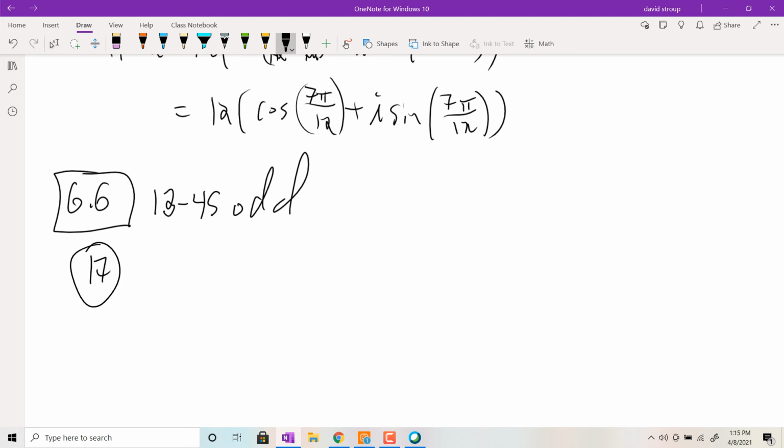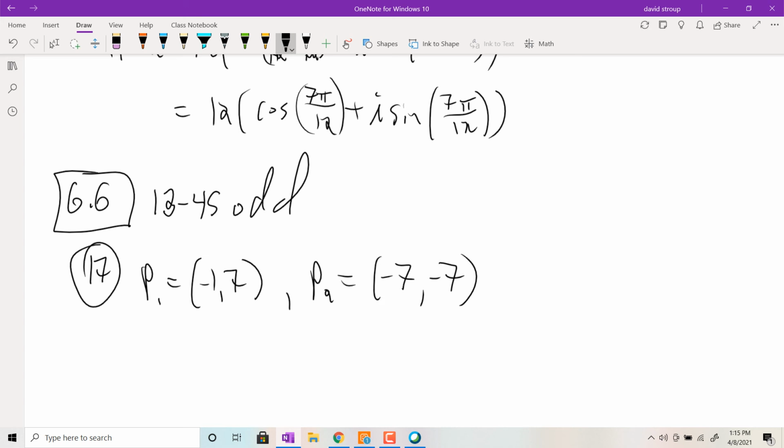So like number 17, we have P1 is (-1, 7) and P2 is (-7, -7), to get the vector P1P2, and order matters here. You take the second point's x coordinate and subtract away the first point's x coordinate.